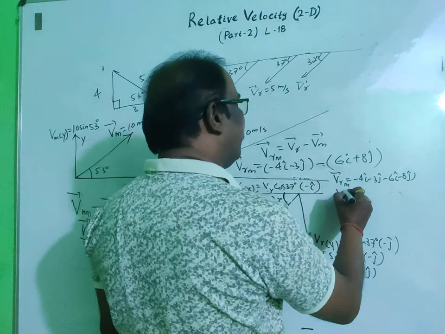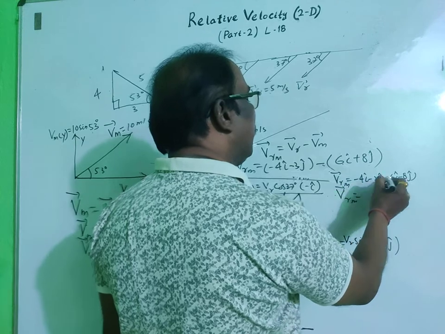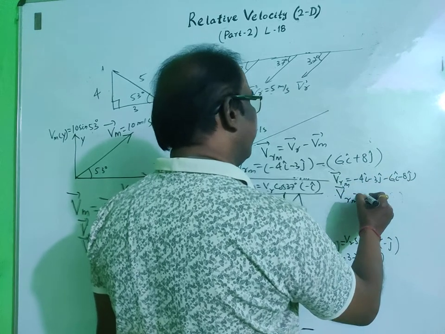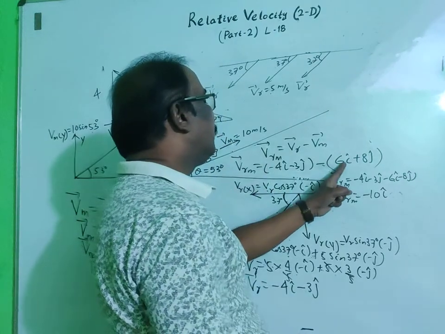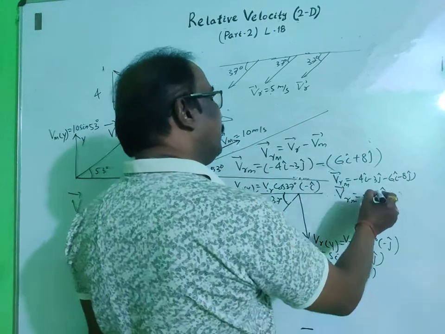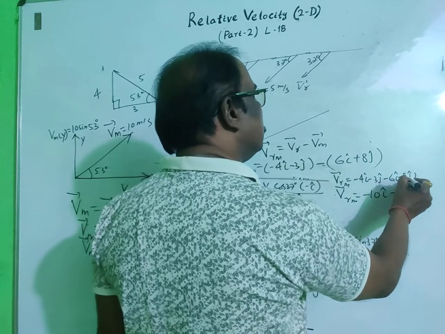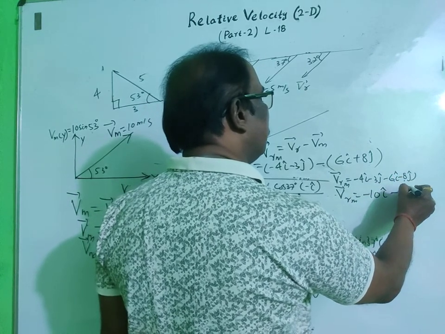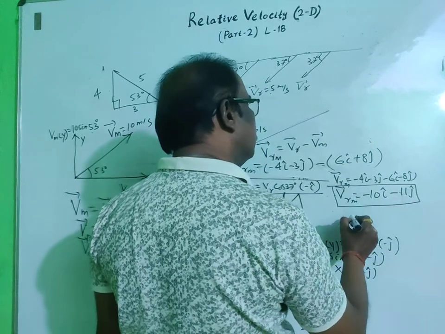Then Vrm is equal to minus 4 i cap minus 6 i cap, minus 10 i cap, and minus 3 j cap minus 8 j cap, minus 11 j cap. This is the vector form of relative velocity.